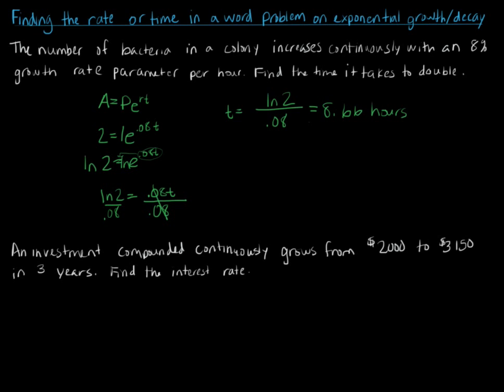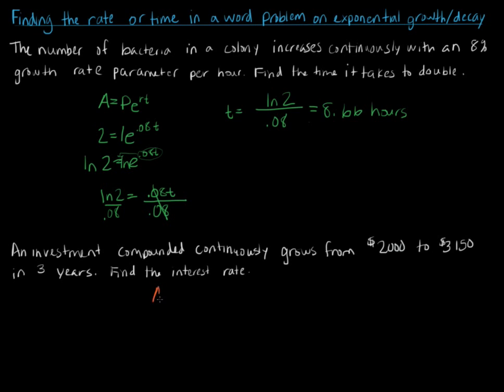Okay, let's look at the second question. The second question says an investment compounded continuously grows from $2,000 to $3,150 in 3 years. Find the interest rate.